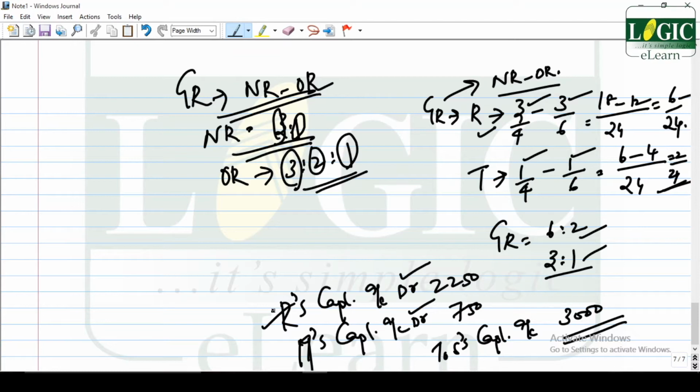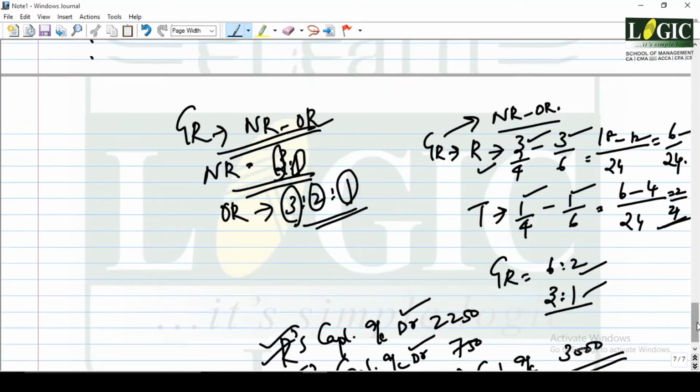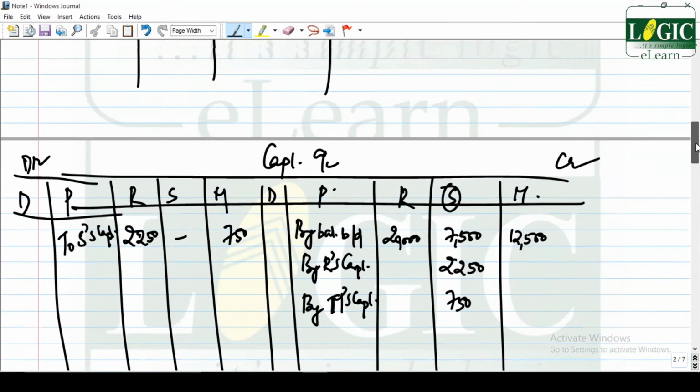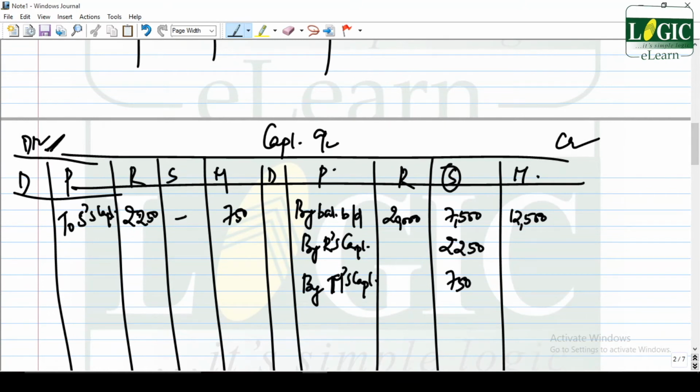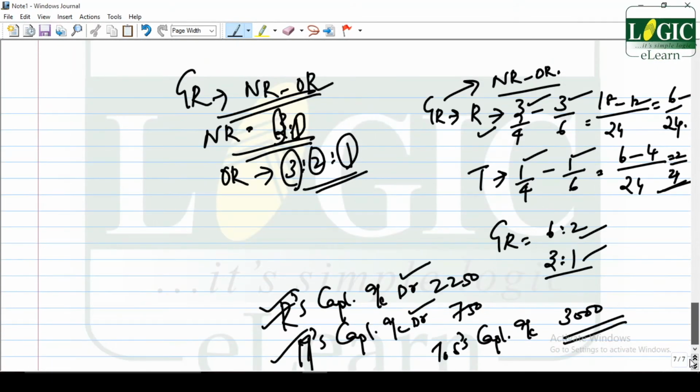So how to post it? That is another element of confusion. R is debited, M is debited. Come to the debit side of R and M. This is the debit side, R and M. In your capital account, you cannot write your name, so you write to S. How much? 2250 and 750. Now credited to S. R's capital account, M's capital account debited to S capital account.